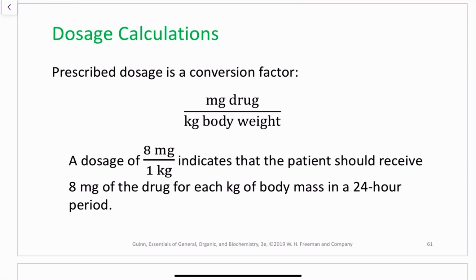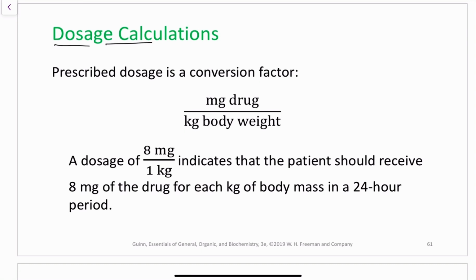Now let's talk about dose calculation. So why do we need to study dose calculation?